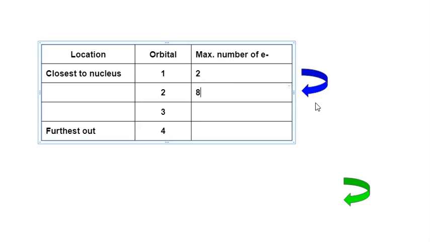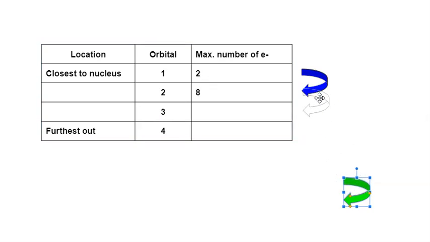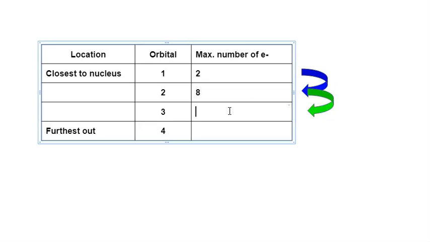That's an important difference. Now these energy levels have to be full before any electrons will move to the next orbital. So the energy level or orbital closest to the nucleus has to have 2 electrons. Then electrons will go to the second orbital. After it's full at 8 electrons, then electrons will begin moving out to the third orbital.